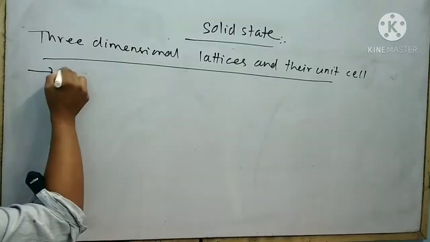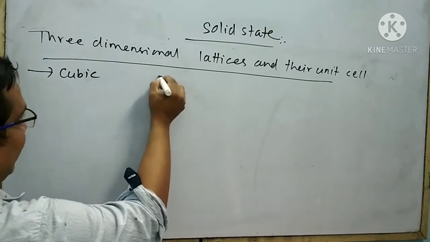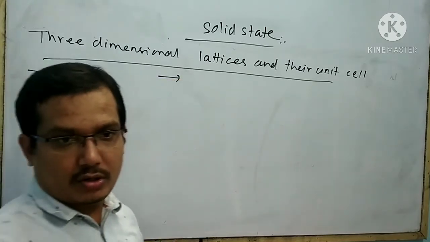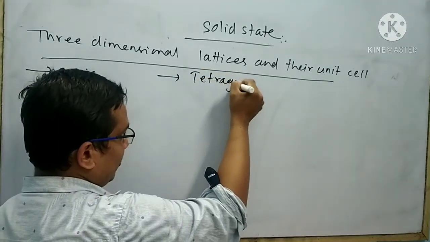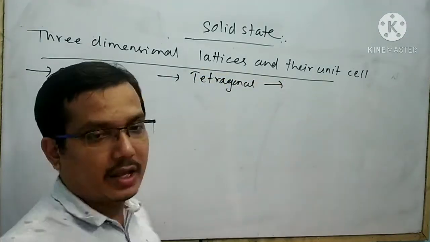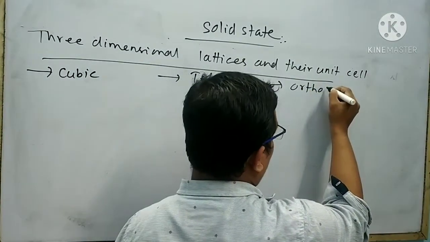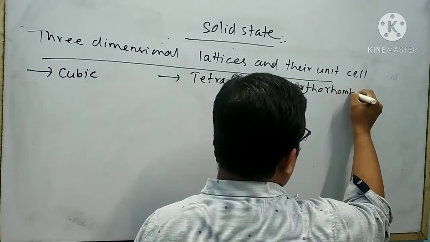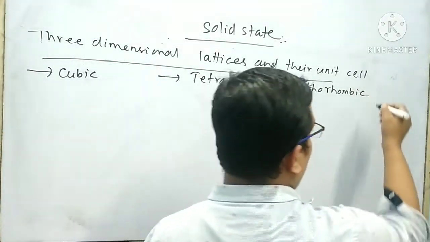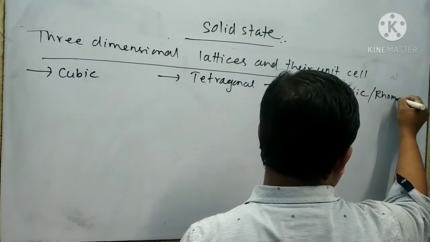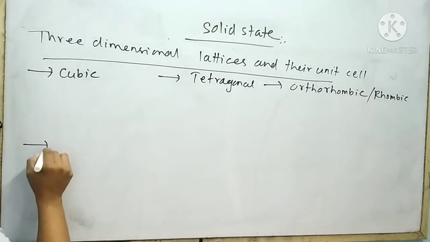First is your cubic, second is tetragonal, third is orthorhombic. Orthorhombic is also called rhombic. Fourth is monoclinic.